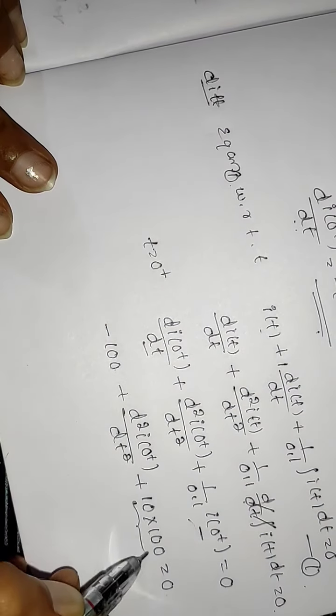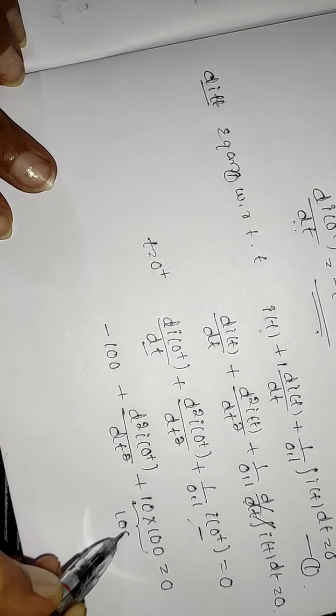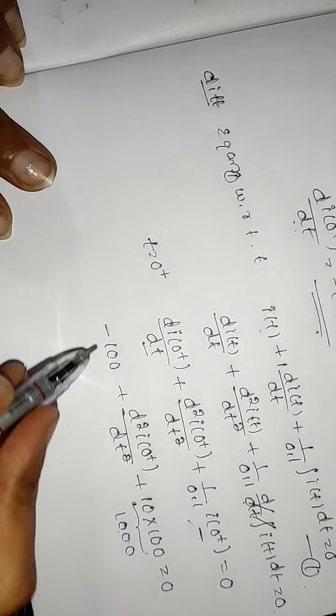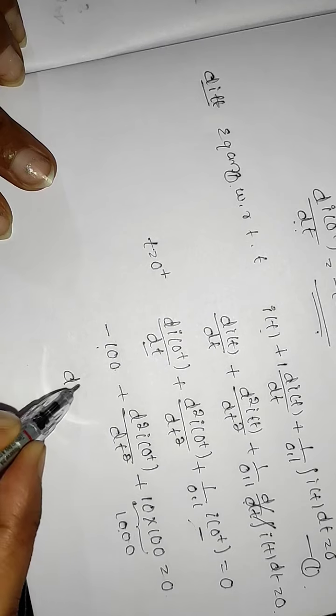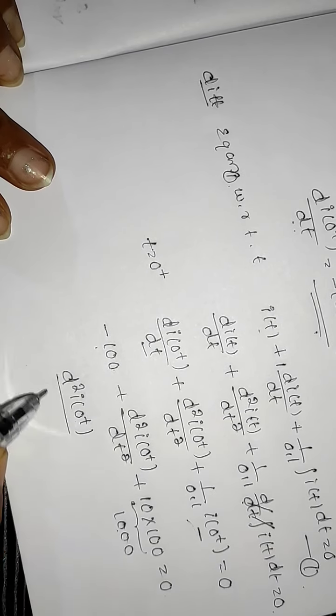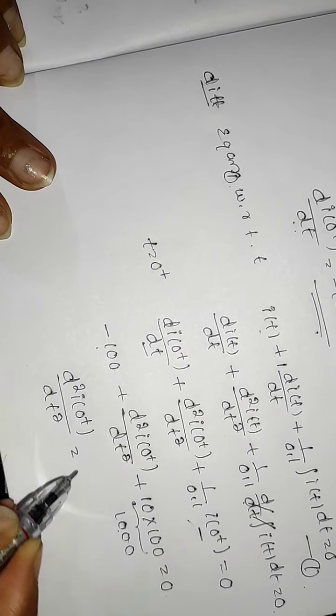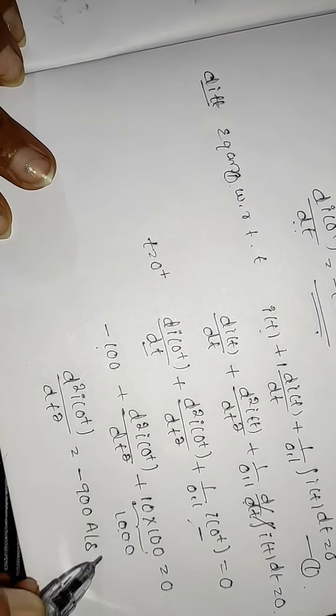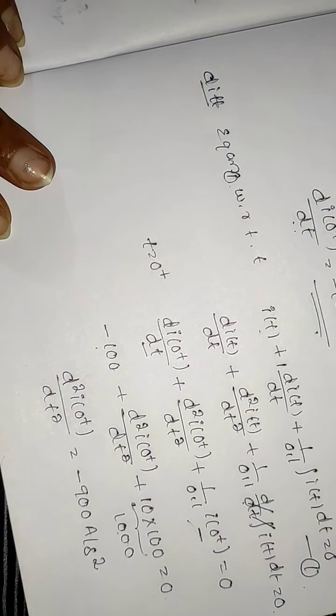So this value becomes 10 into 100, which is 1000. Then 1000 minus 100 equals 900, so d square I of 0 plus divided by dt square equals minus 900 ampere per second square.